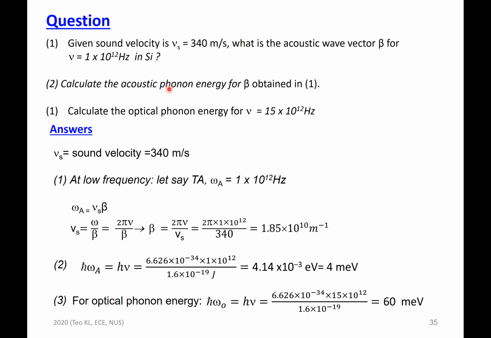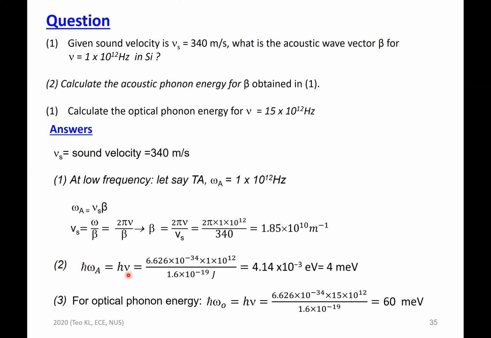Now, calculate the acoustic phonon energy for beta obtained in 1. You already obtained the beta value. Beta value is 1.8 times 10 to the power of 10. So h bar omega A is actually h mu, because h bar is h over 2 pi and omega is 2 pi mu. So 2 pi in the numerator and denominator will cancel off.